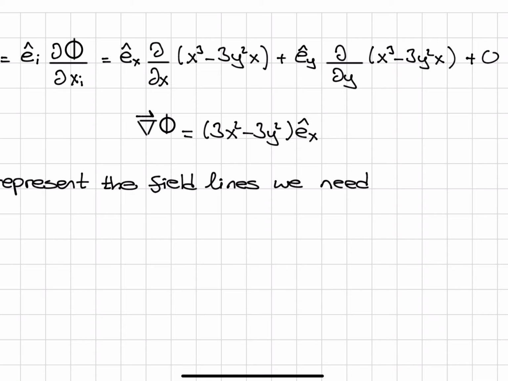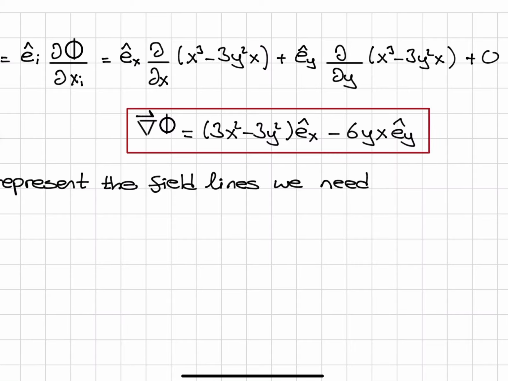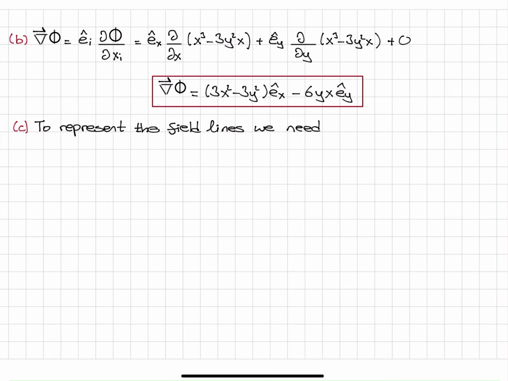And as for the y derivative, for this one it is 0, for this one it is minus 6yx. So this will be minus 6yx e_y hat. That's the gradient of this scalar function phi.